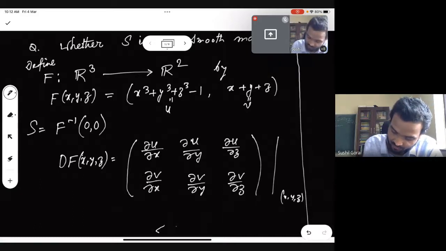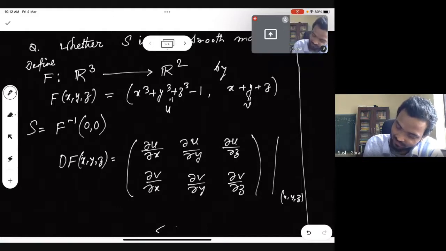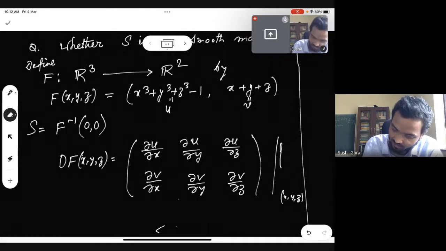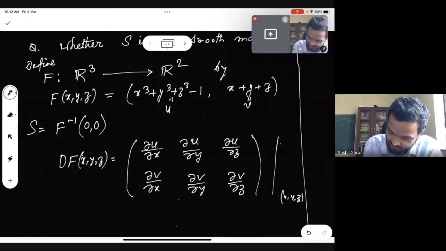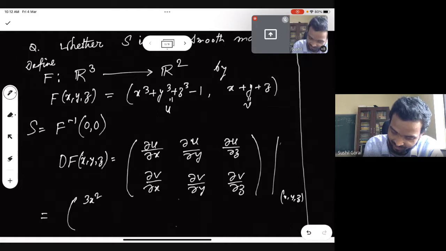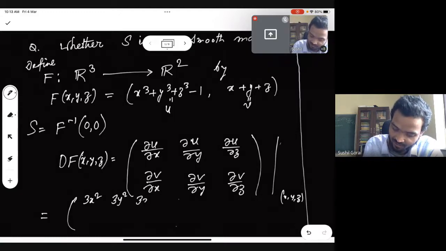Very easy to calculate. So del u by del x is 3x square, del u by del y is 3y square, del u by del z is 3z square, and the second row is 1, 1, 1.